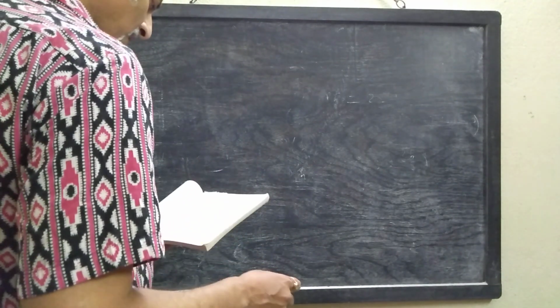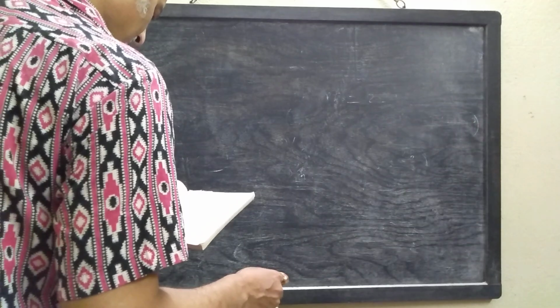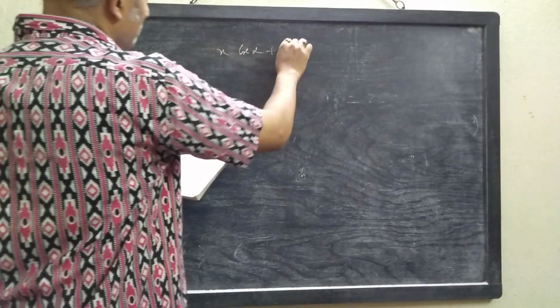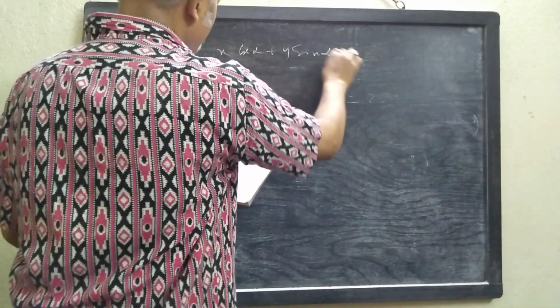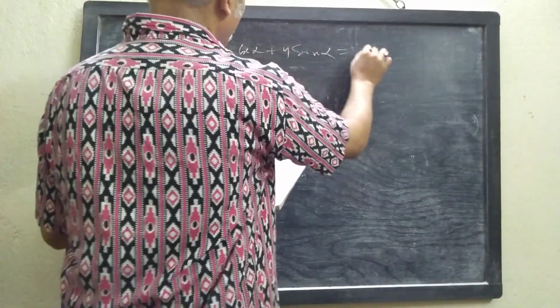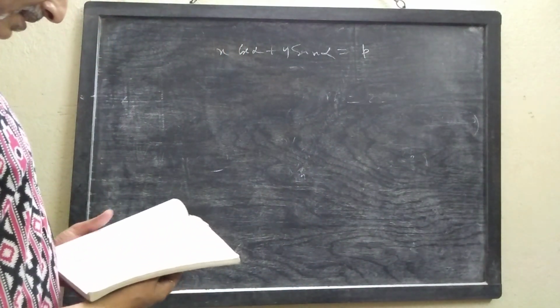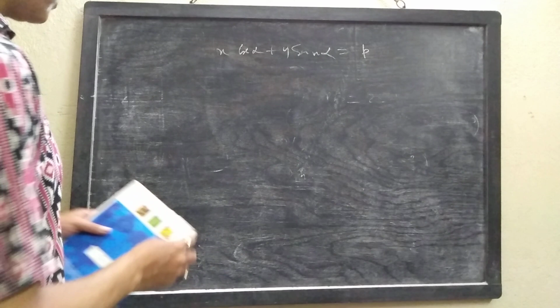Find the locus of the midpoint of the portion of the line x cos alpha plus y sin alpha equals p, which is intercepted between the axes, locus of the midpoint.